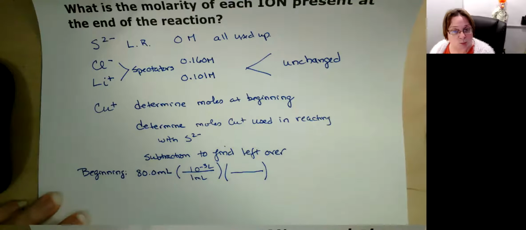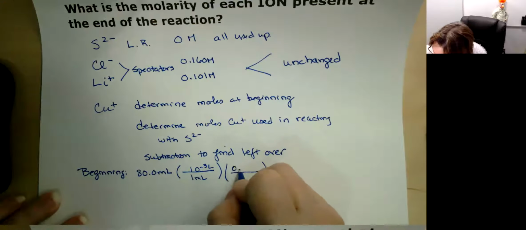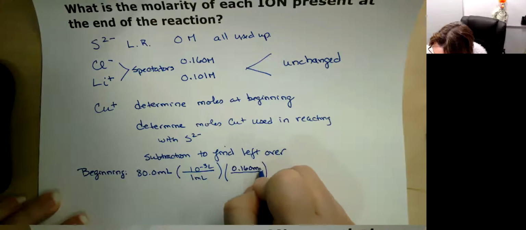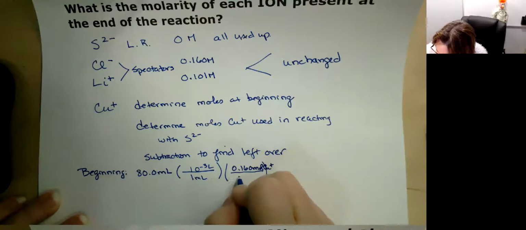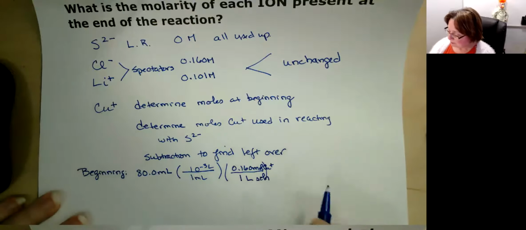Now we'll use our molarity to get us into moles of copper ion that was there at the beginning. And our concentration was 0.160 moles of copper ion for every liter of the copper solution.